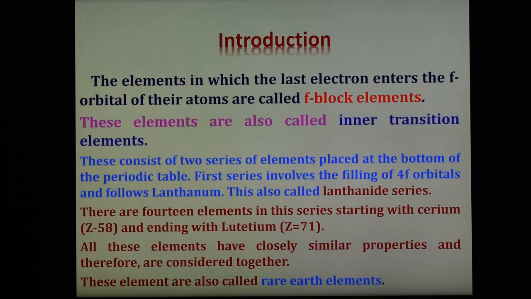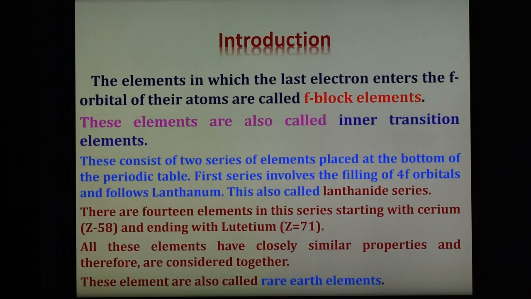All these elements have closely similar properties and therefore are considered together. The reason for their similar properties is that the 4f electrons, in which the electrons are added, are embedded in the inner shell, while 5d and 6s electrons, which have similar configurations, are exposed more to the surroundings.